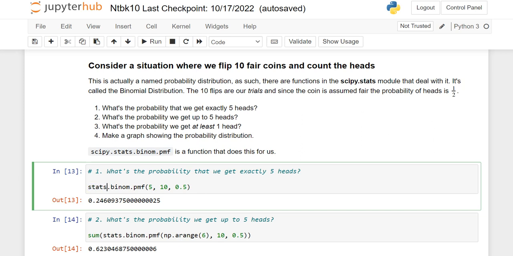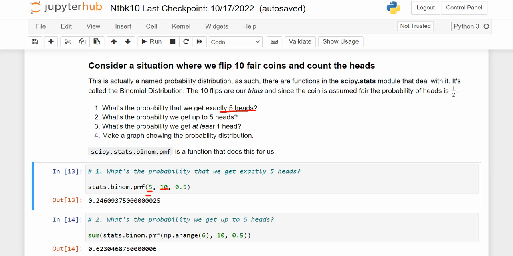Okay, and what is it doing? Let's just see. So binomial means that it's yes or no, right or wrong. Okay. So the 5 is the number of correct outcomes, right? So if we're asking if we get exactly 5 heads, okay, so 5 is the number of correct outcomes.